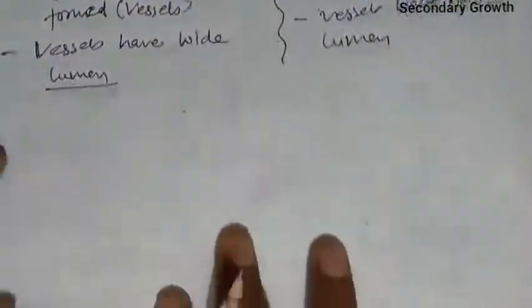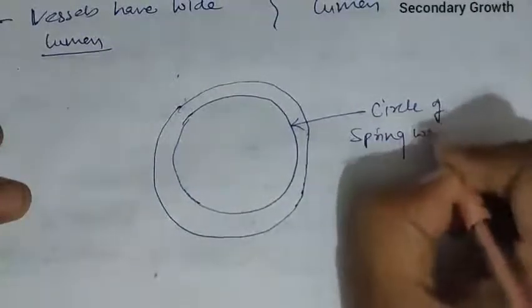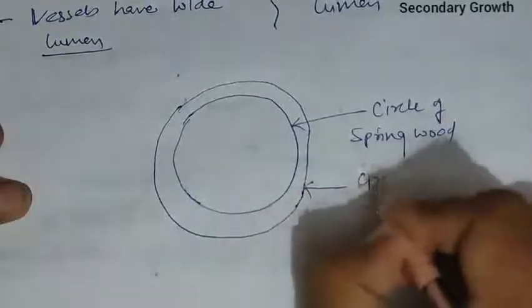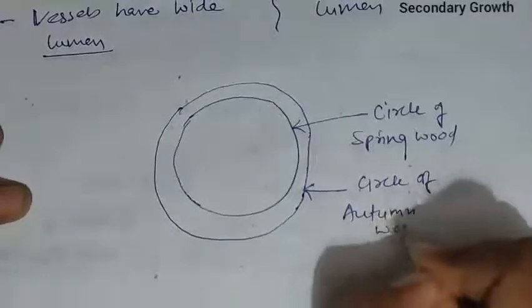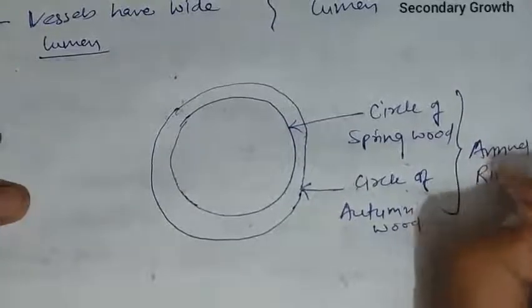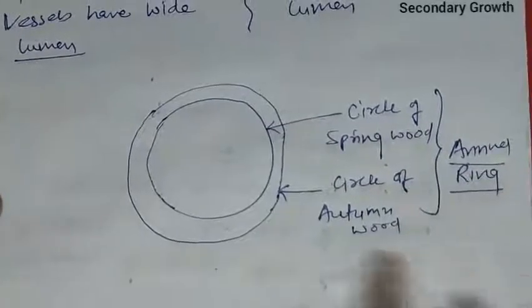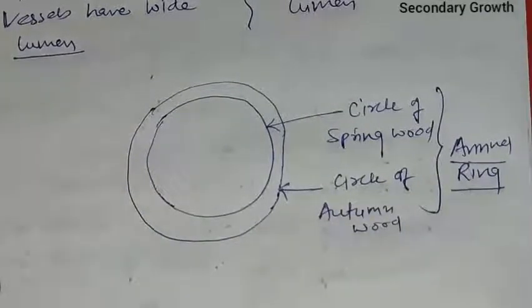Now in the spring season one circle will be formed, and later in autumn another circle of autumn wood will form. So one circle of spring wood and one circle of autumn wood combinedly called an annual ring. So an annual ring consists of two circles, one of spring wood and one of autumn wood.